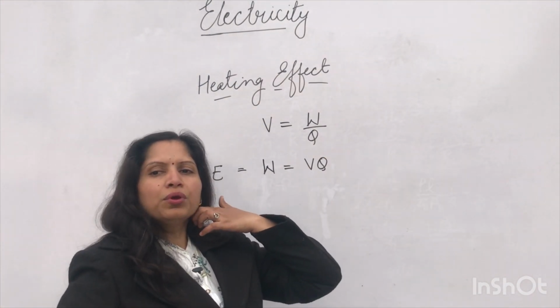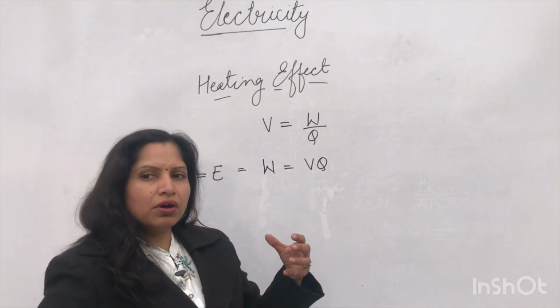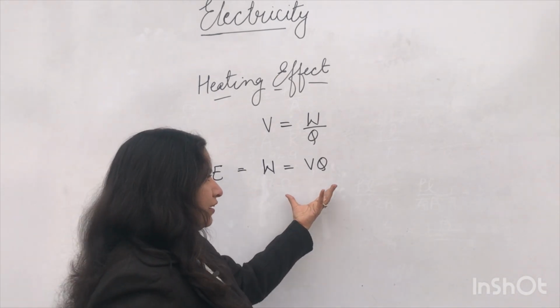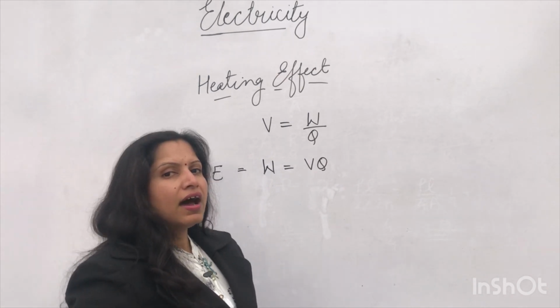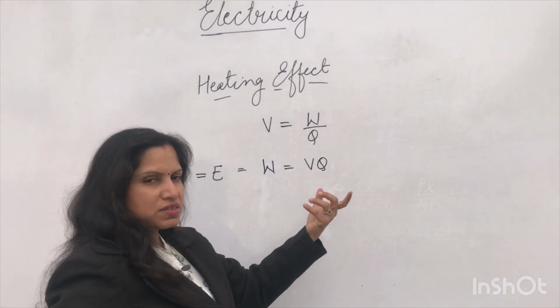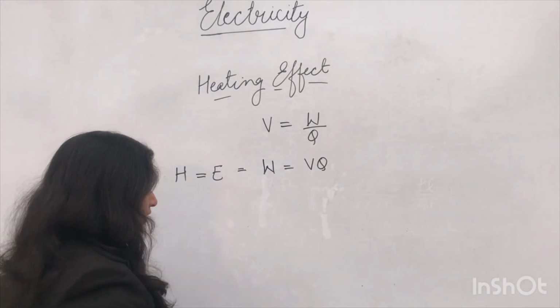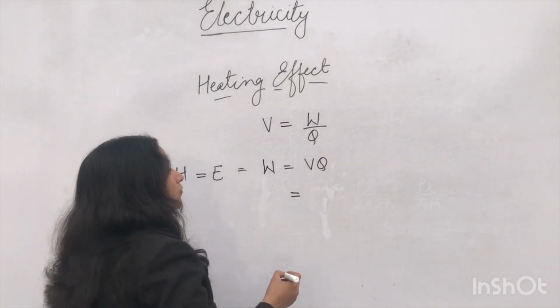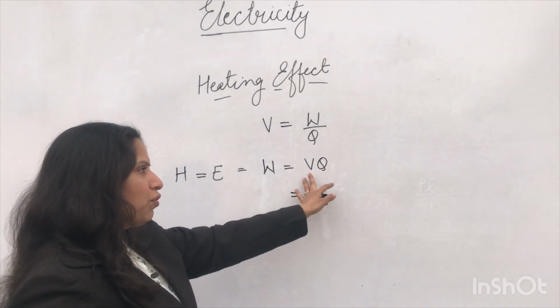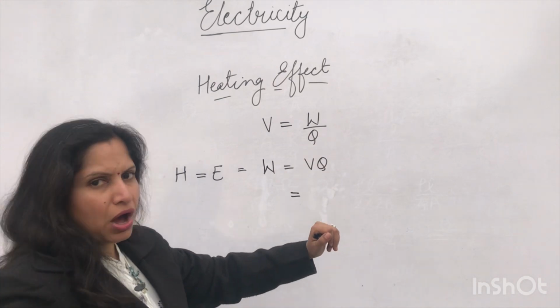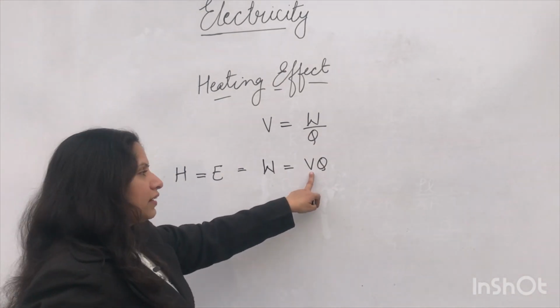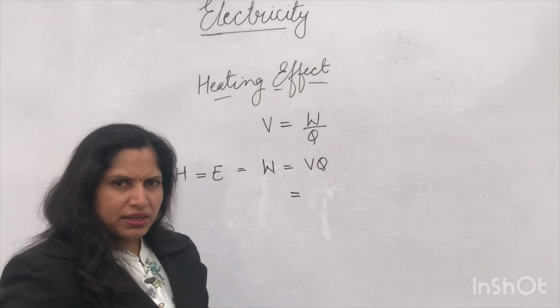Okay. Now we all know that if using this formula we have to calculate how much heat is generated, and if Q is not given, then we can replace it. And if we want to replace both these terms, let's see how we can replace that according to Ohm's law. What is V equal to?